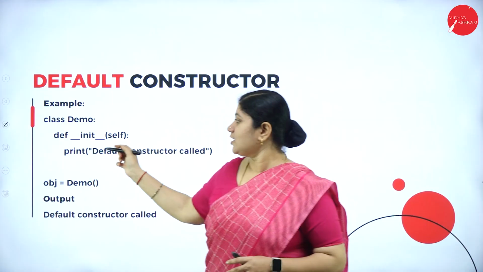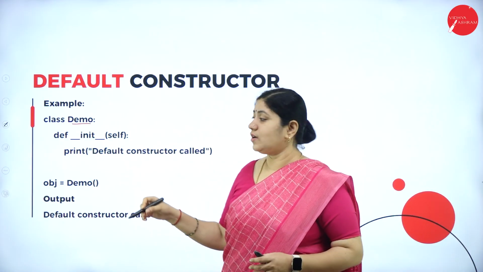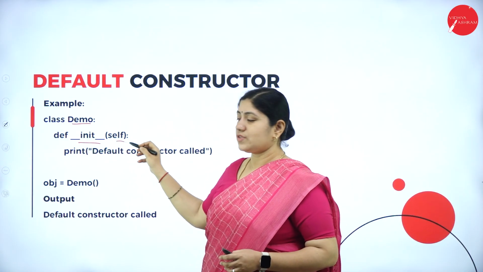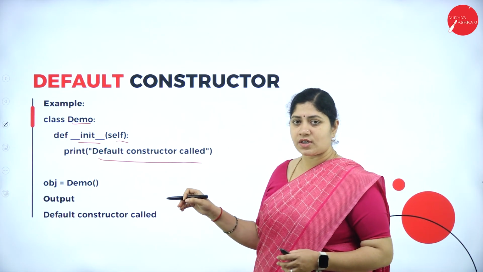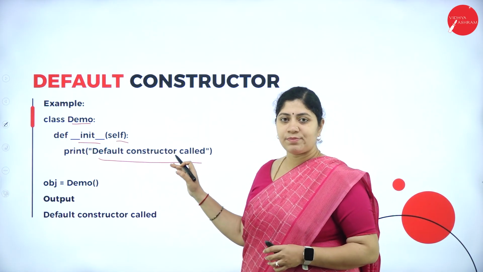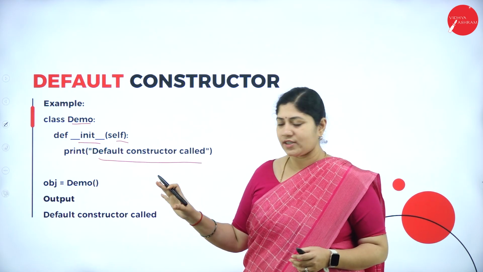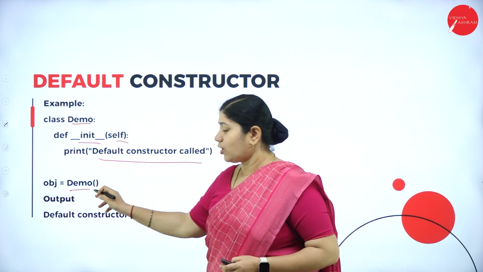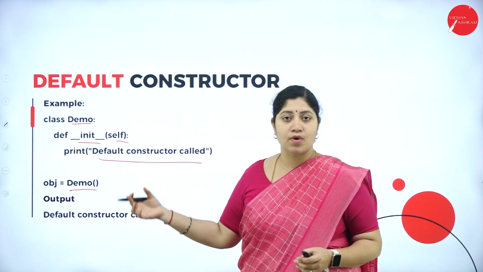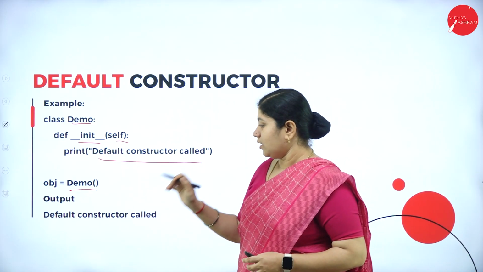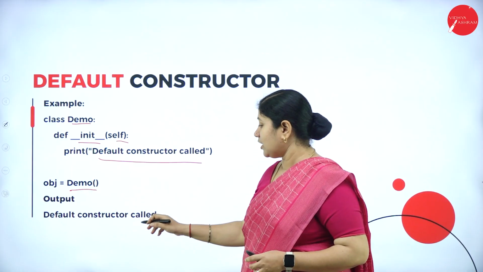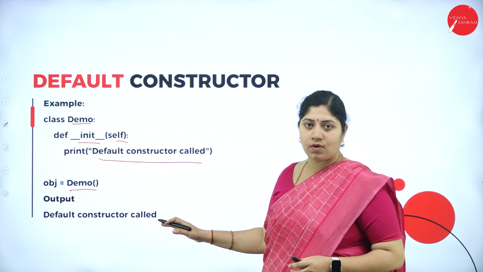Okay, so let's see an example. class Demo. We are defining init of self, where we write "default constructor called". That is the print statement that has to be printed after execution of my program. Next, we create an object followed by the Demo name, correct? Demo(), done. Now with respect to the output, we can see "default constructor called".